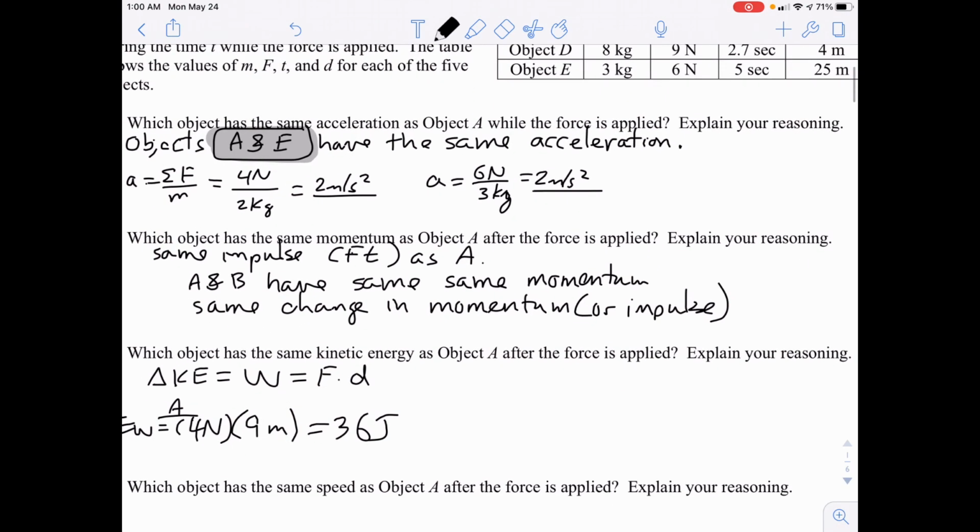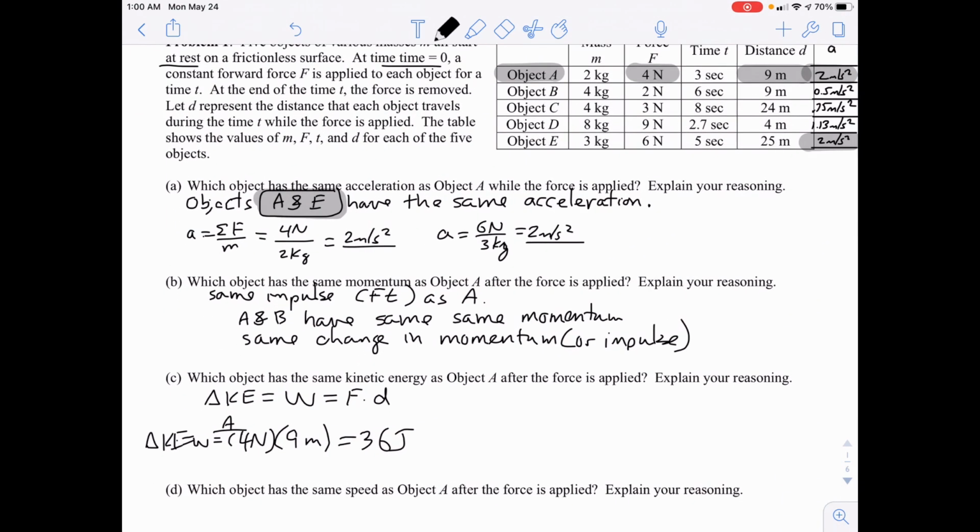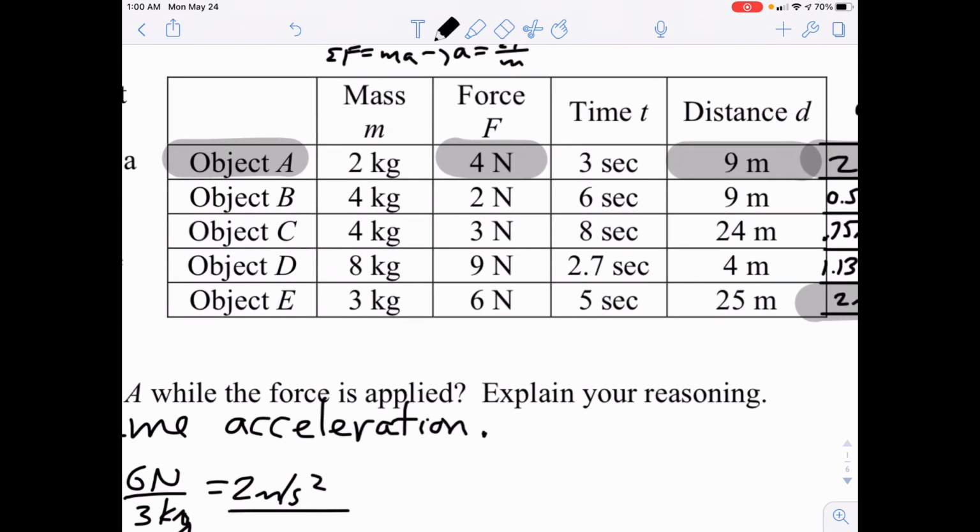Well, which object has the same increase in kinetic energy of 36 joules? Well, object B, 2 times 9, that would be 18. 3 times 24, that's way over 36. Here we go, object D, 9 times 4 is 36 joules.